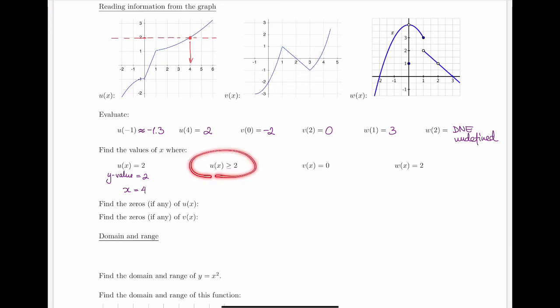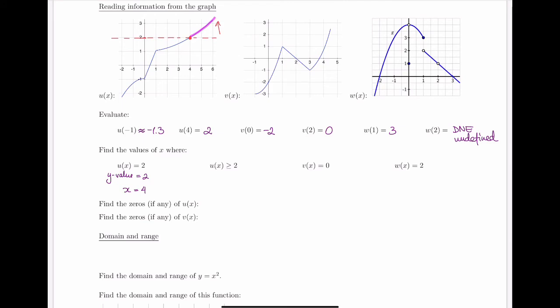For this next portion, it's asking for what x values the y values are greater than or equal to 2. So that means that I am looking at this line, y equals 2. I want y values to be above that. So I'm looking for the x values where the graph lies above that line, which in this case, of course, corresponds to this portion of the graph.